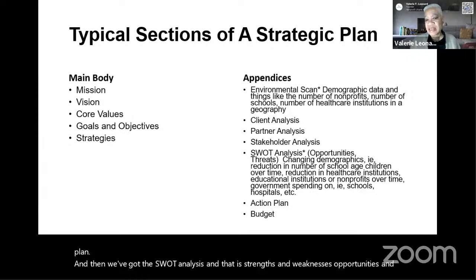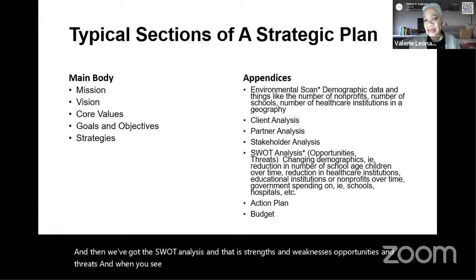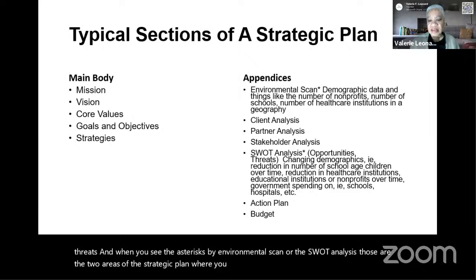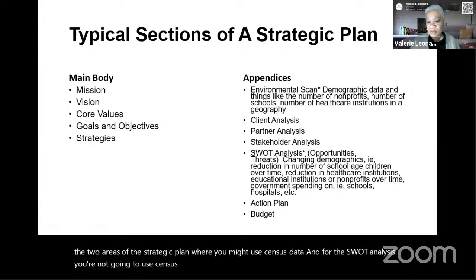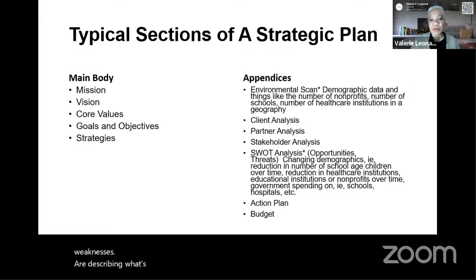And when you see the asterisks by, say, environmental scan or the SWOT analysis, those are the two areas of the strategic plan where you might use census data. And for the SWOT analysis, you're not going to use census data for your strengths and weaknesses, because strengths and weaknesses are describing what's going on with your organization.